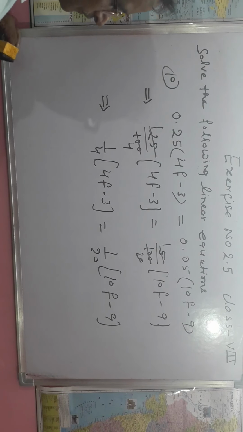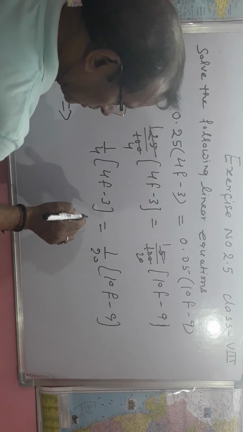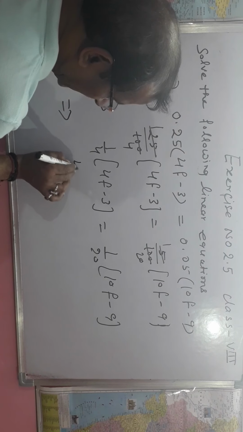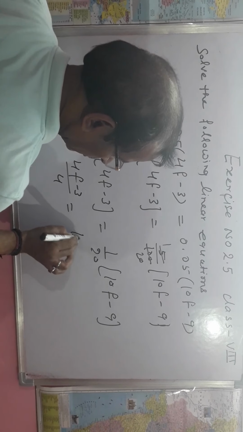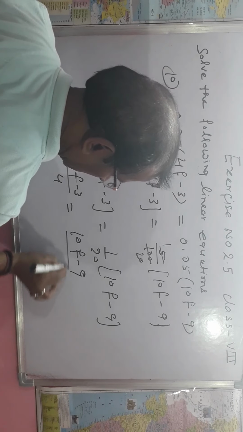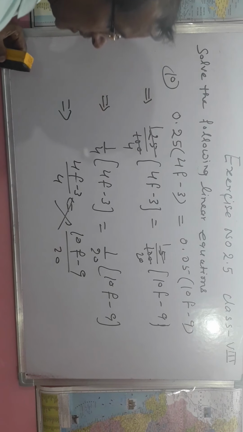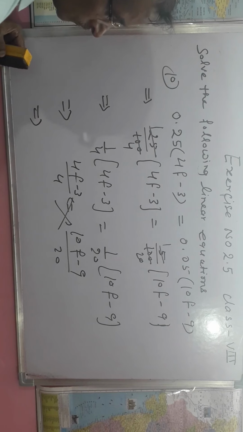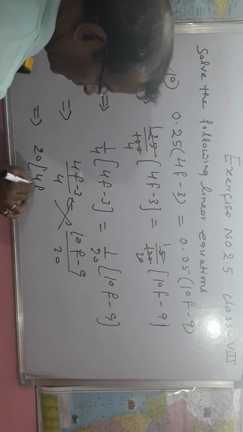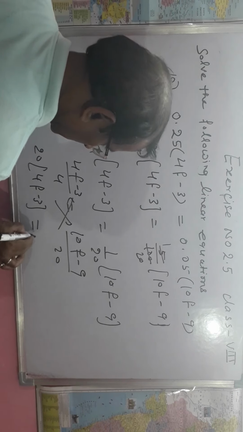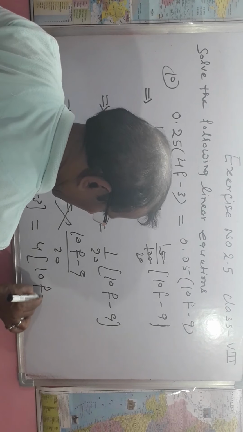Then we can write (4f minus 3) upon 4 is equal to (10f minus 9) upon 20. Cross multiply here, then we will multiply 20 by (4f minus 3) is equal to 4 multiplied by (10f minus 9).